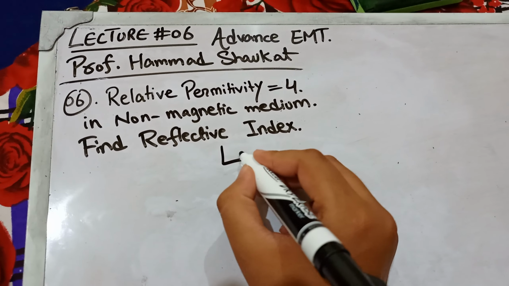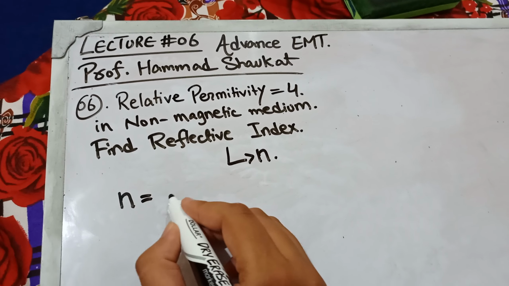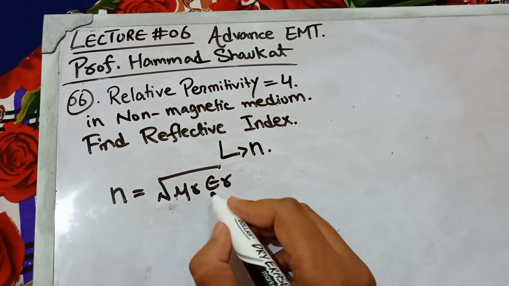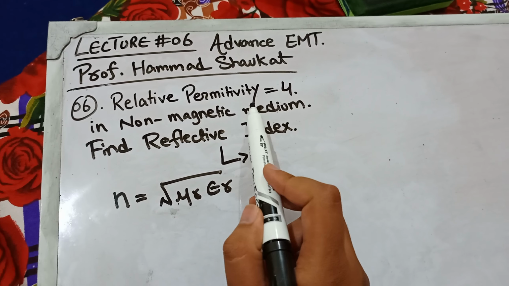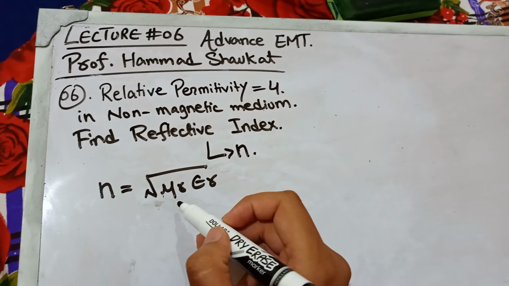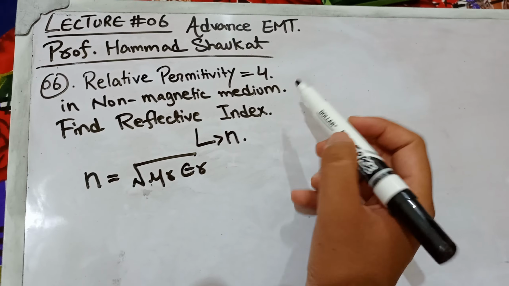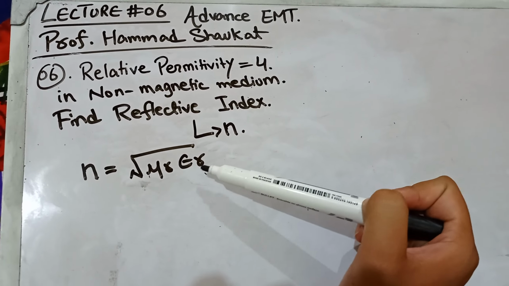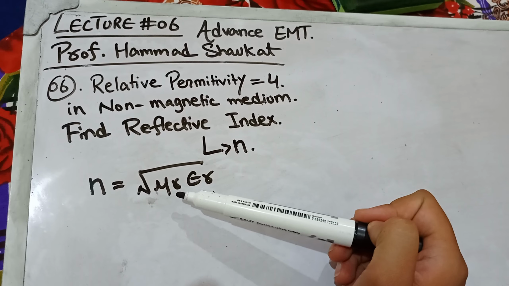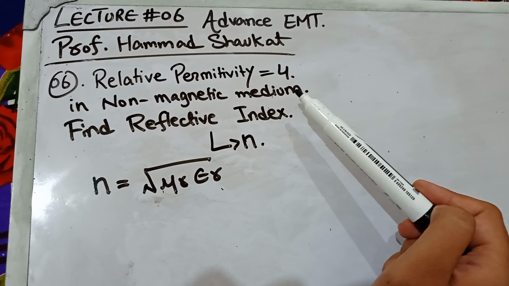First of all, you already know that the refractive index is denoted by n, and it equals the square root of mu r epsilon r, where epsilon r is the relative permittivity, whereas mu r is the relative permeability. This is the magnetic response, this is the electric response. In our problem, relative permittivity 4 is given, but how can we find the mu r value? We can find it from the statement, which says it is a non-magnetic medium.